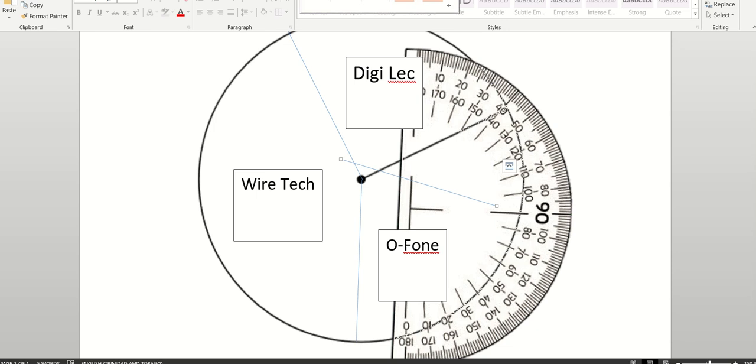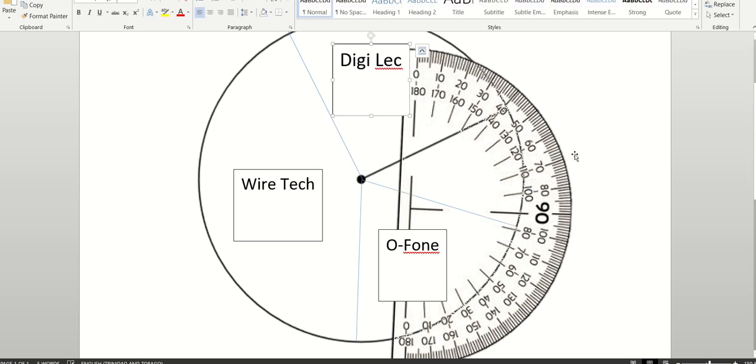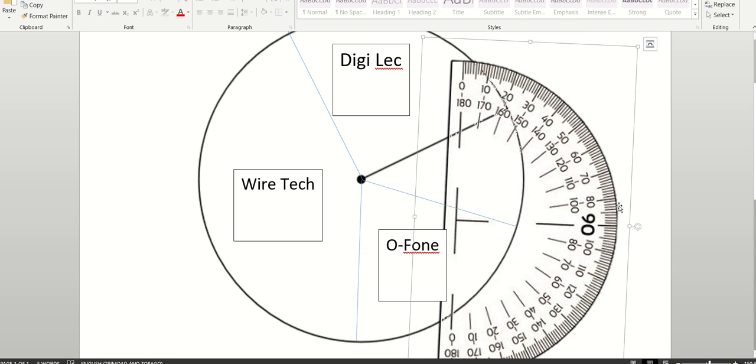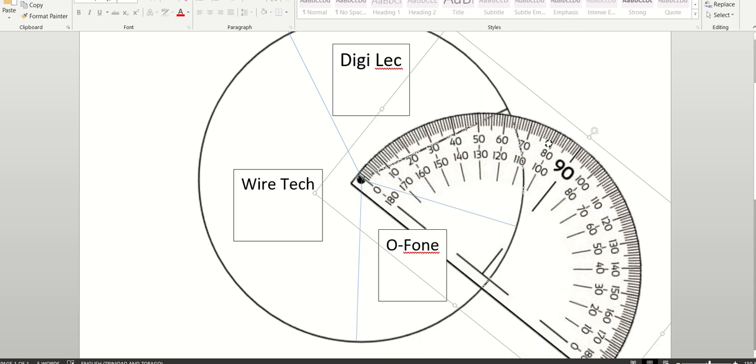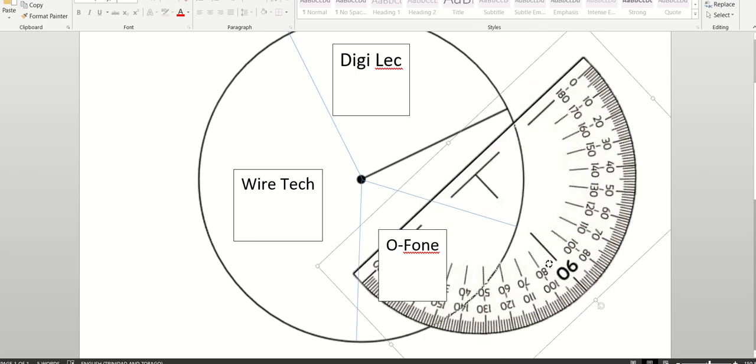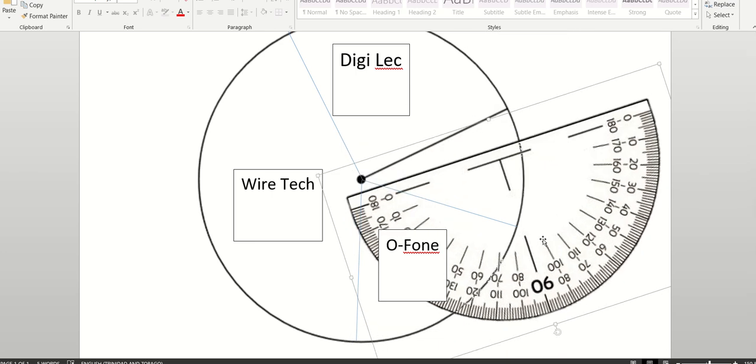So we are going to check to make sure. Right, so we are going to just rotate this, maybe this direction.